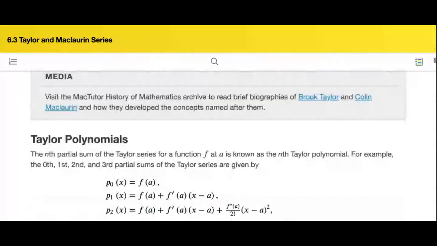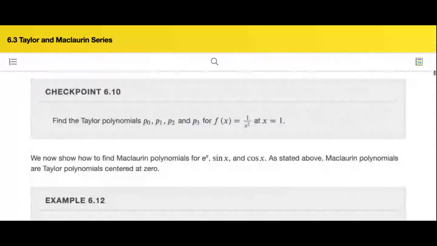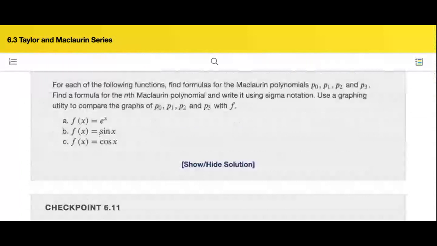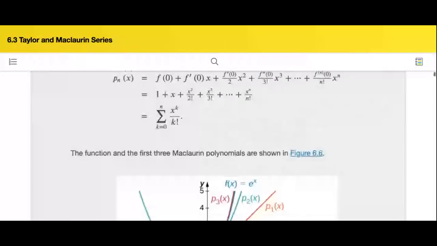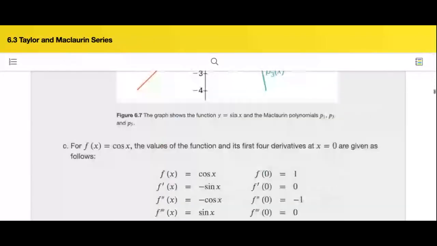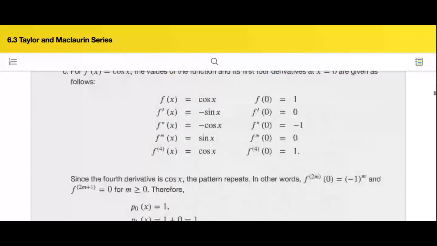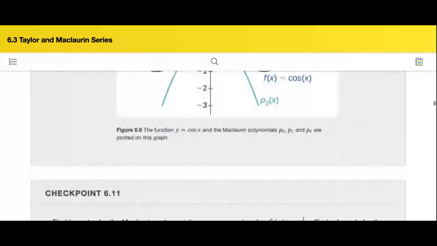Oh, maybe in the first one. Remember we did a calculation for, oh, right here, e to the x, sine x, cosine x, right? Let's see cosine x. So for cosine x, in the end, we do the calculation.